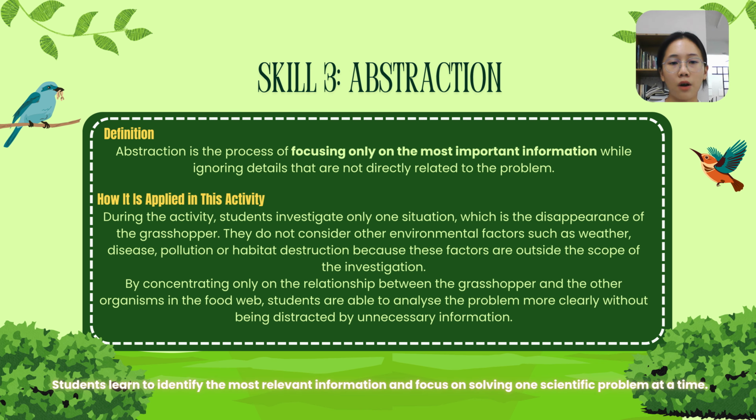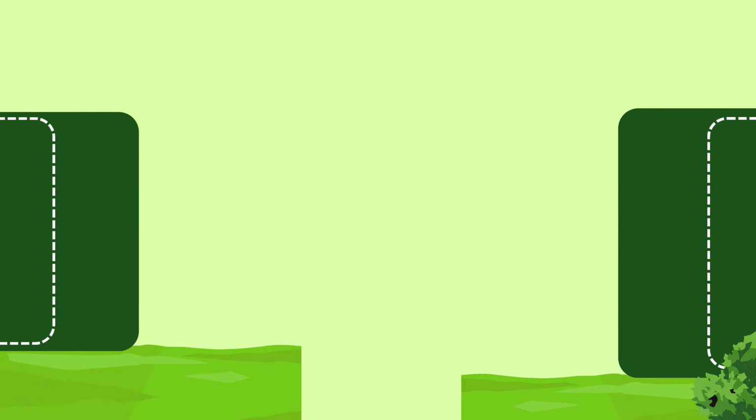Instead of becoming overwhelmed by many different environmental factors, the students focus only on the most related information needed to answer the scientific question. Through abstraction, the students can learn that solving a complex scientific problem often begins by identifying the most important information and temporarily ignoring the unnecessary details. This allows them to think more clearly and solve one scientific problem at a time.